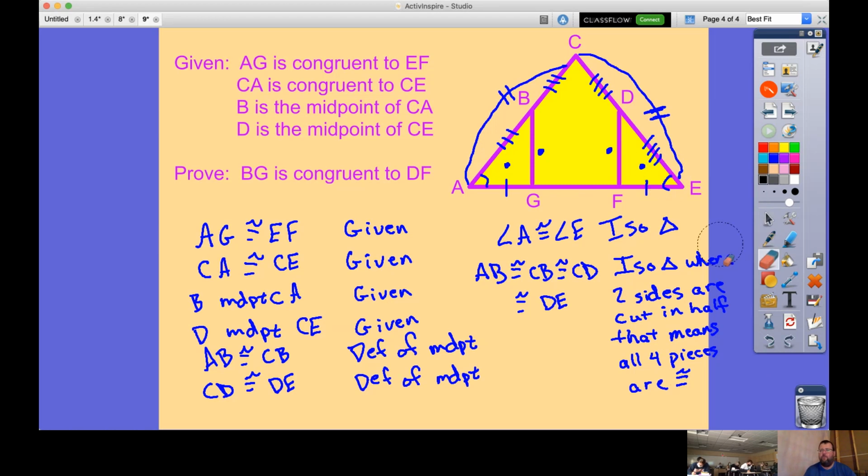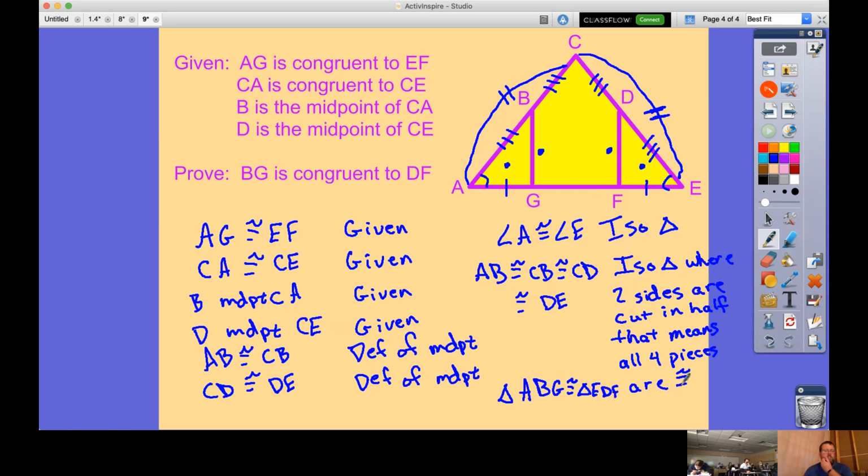Now, when we say that, we can get rid of one of these tick marks for this side. And now all 4 of those have 3 tick marks there. So now we can prove that triangle ABG is congruent to triangle EDF.